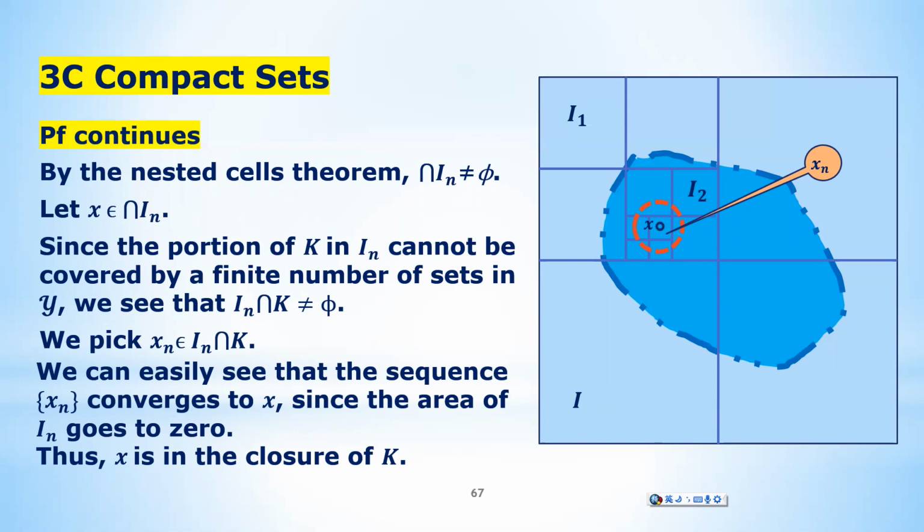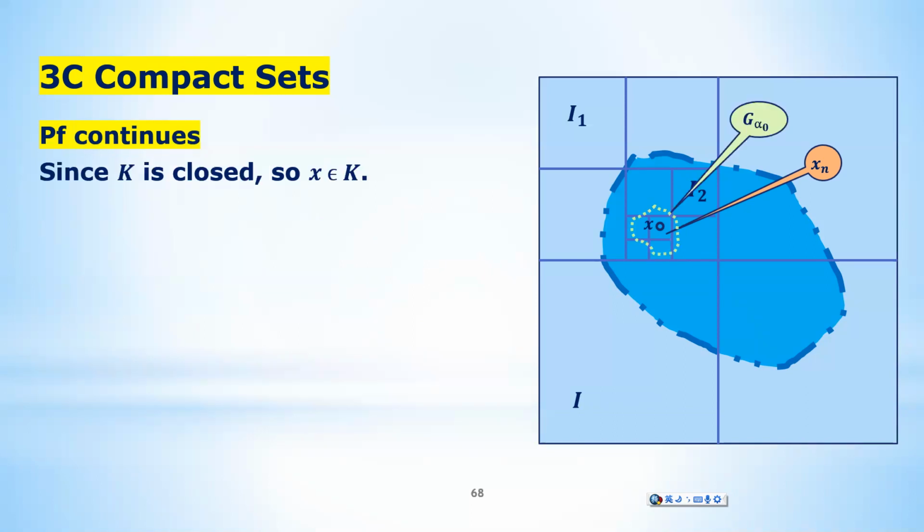Xn is in K, but Xn approaches X. So X has to be in the closure of K, maybe on the boundary, maybe interior, I don't know. It has to be in the closure of K, right? But I know that K is closed, so K has to be equal to its closure. That's why the point X is inside K.